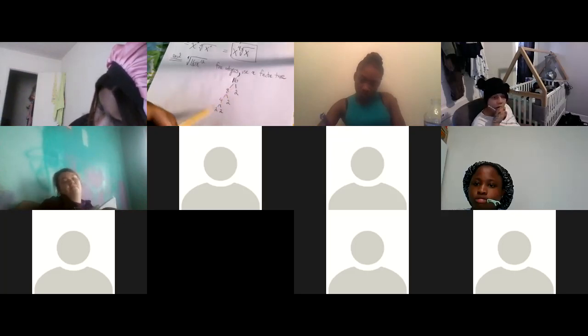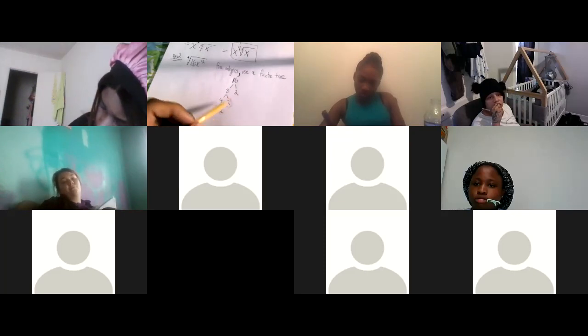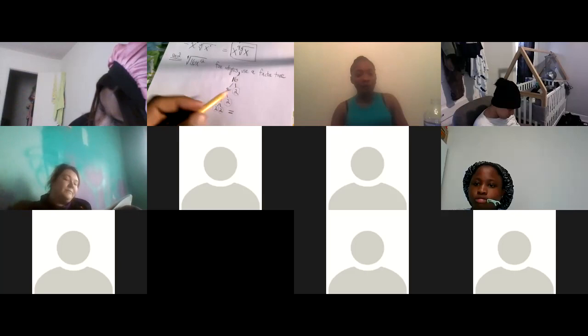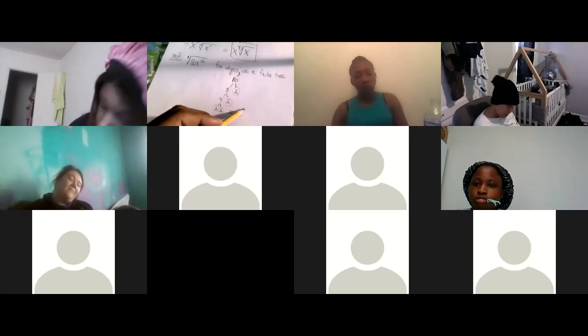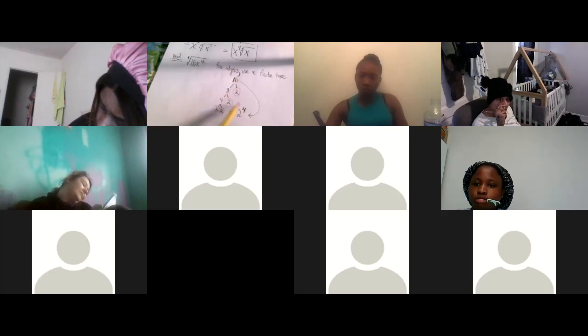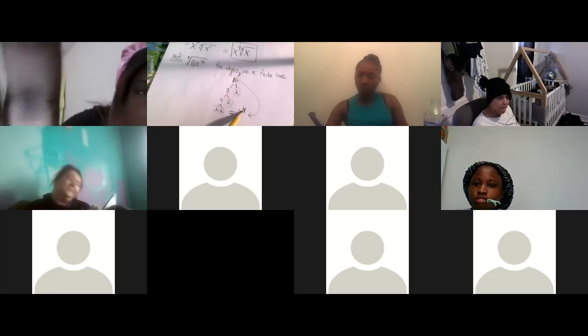So here's the factor tree, and these prime numbers are the leaves of my tree. So all of this becomes 2 to the 4th power. So this 16, I'm going to be writing as 2 to the 4th power.